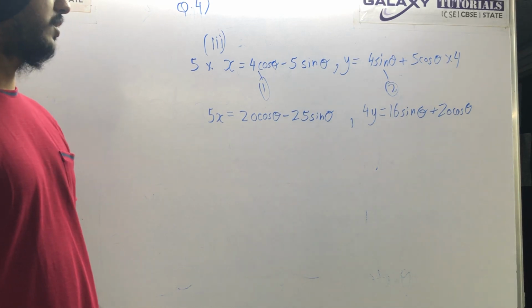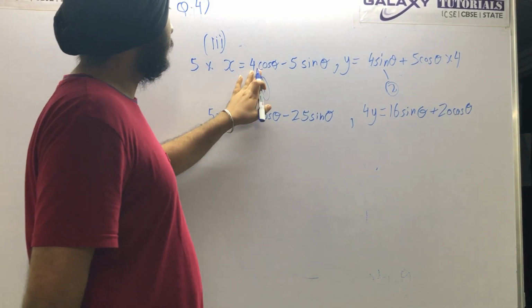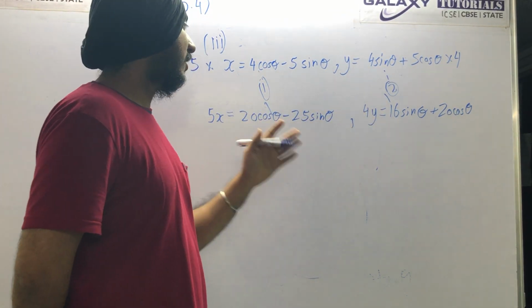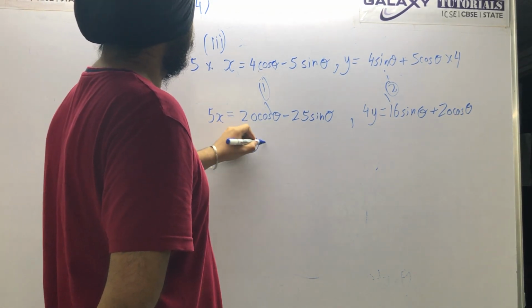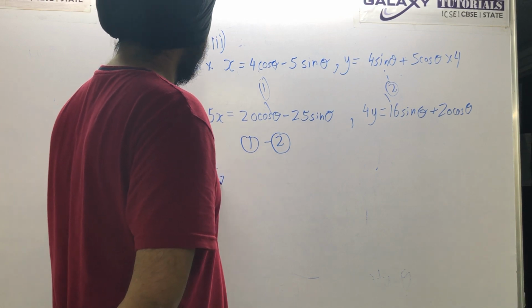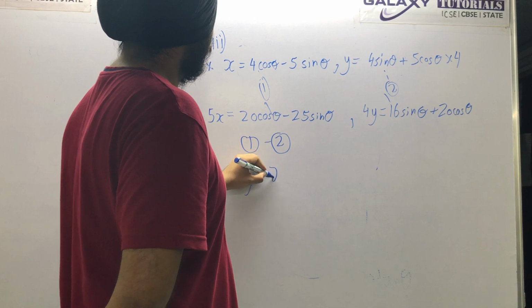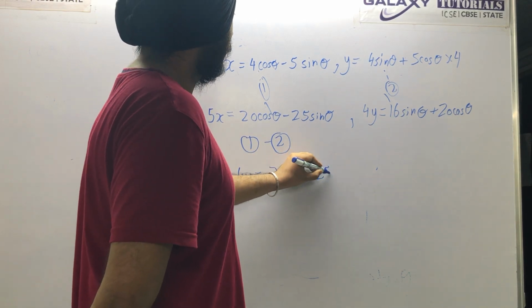So to eliminate cos theta, what will you do? You will basically subtract. I will name this one as 1 and this one as 2. So you will subtract 1 and 2. Yes, so 1 minus 2. That will be 5x minus 4y is equal to 20 cos theta minus 25 sin theta.